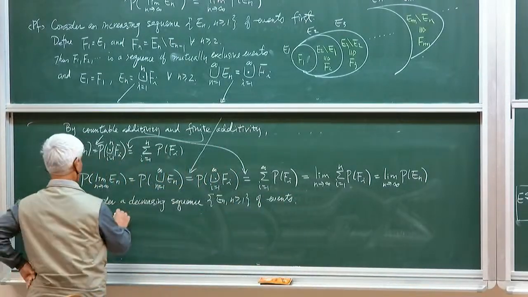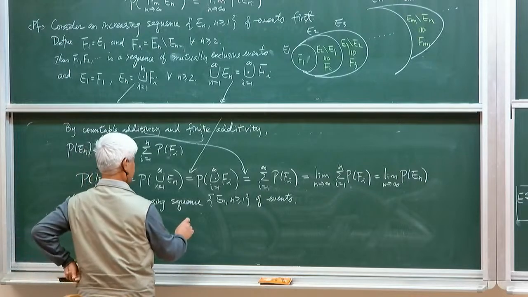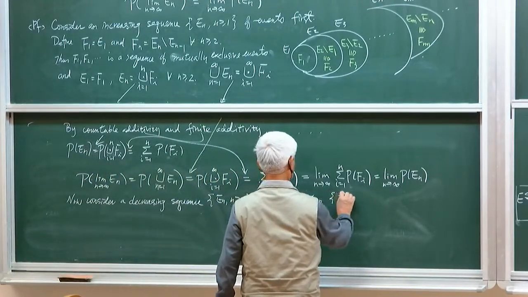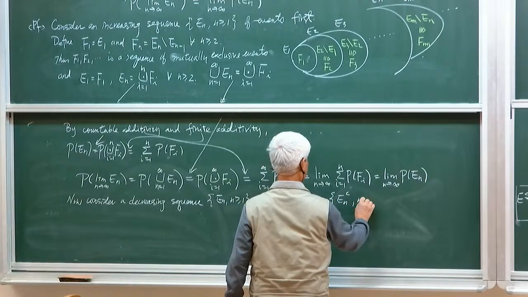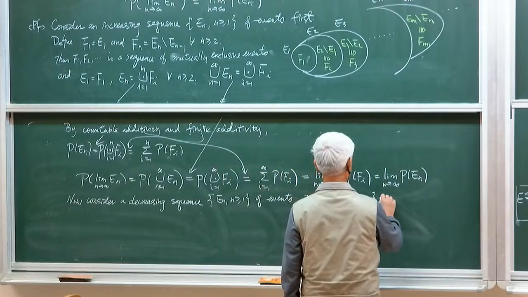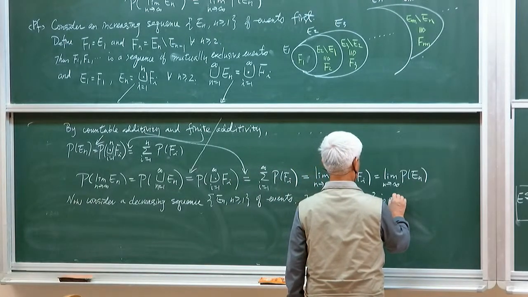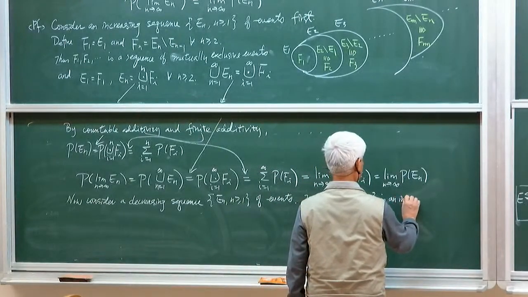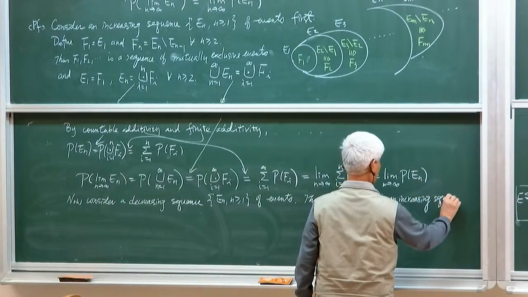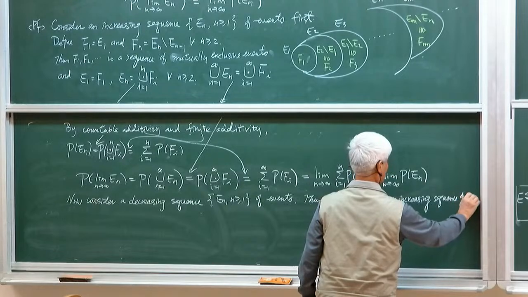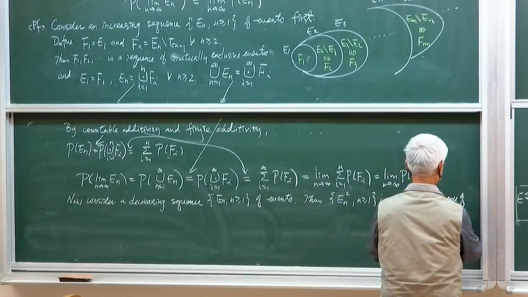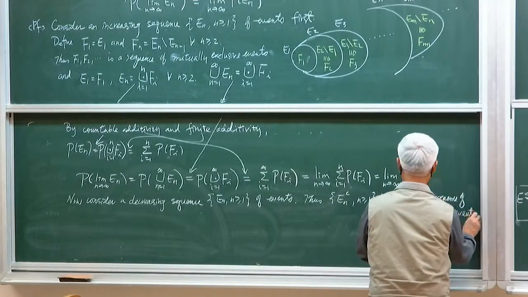Now, we know that the complement of En, the complement of En, right, is an increasing sequence of events. Okay.